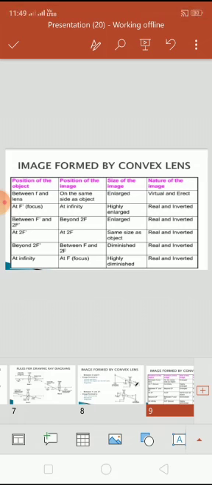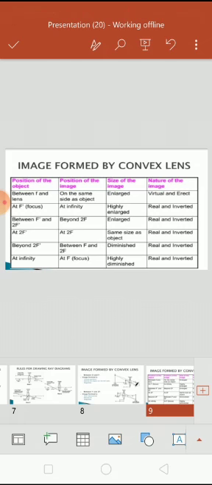Object between F and 2F: position of the image beyond 2F, size enlarged, nature real and inverted. Object at 2F: image is at 2F, size same as the object, nature real and inverted.